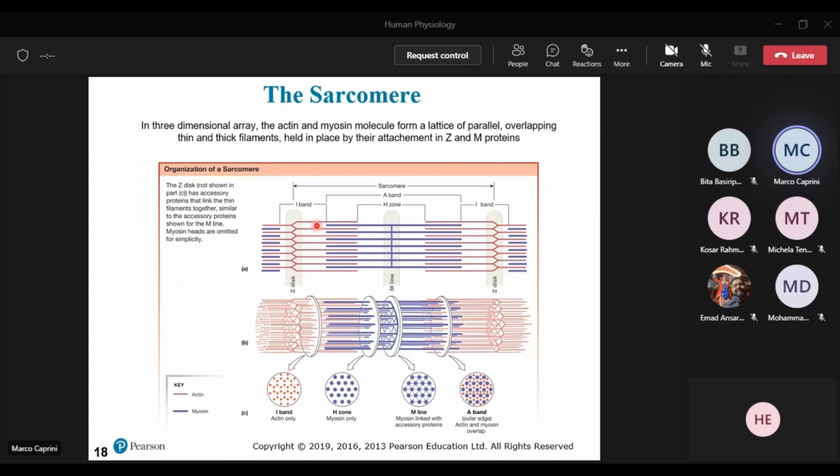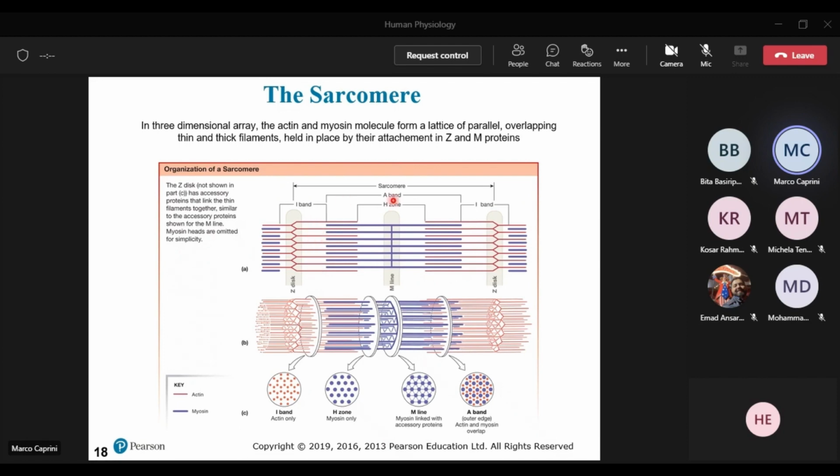The abbreviation I, for I band, is for isotropic. That means that this region reflects the light uniformly under a polarized microscope. This is the same structure that we have seen at the beginning, when I analyze the structure of skeletal muscle under the polarized light microscope.